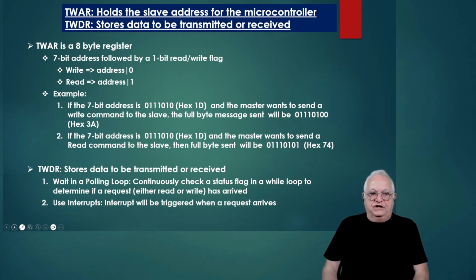Or we can use interrupts that will trigger when a request has arrived. So basically, when you transmit or receive data, you either get into a while loop monitoring a flag, or you set the interrupts that are going to be triggered when you get some kind of transaction request.